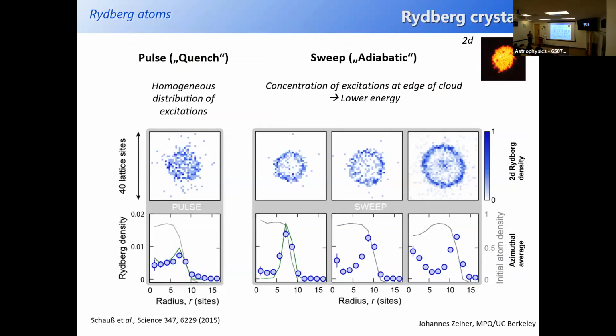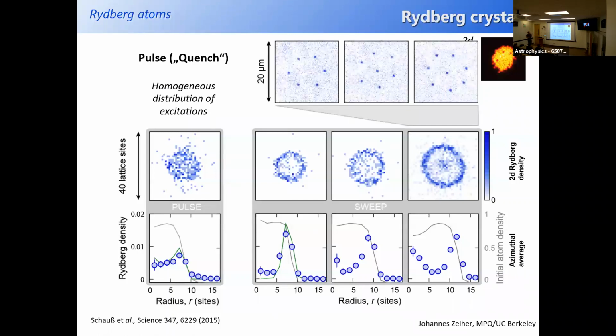If we hit the system with a hammer, we see more or less a homogeneous distribution of excitations in the system, whereas when we try to stay close to the ground state, we see this ring-like structure, which implies that the excitations have enough time to push themselves apart as far as possible to minimize their interaction.